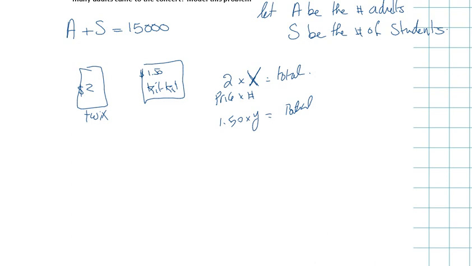So in our case right here, do I know how many adults attended? No. But do I know how much each adult costs? $12.50. So I do $12.50 times A, and then plus how much each student paid, $8 times how many students attended.